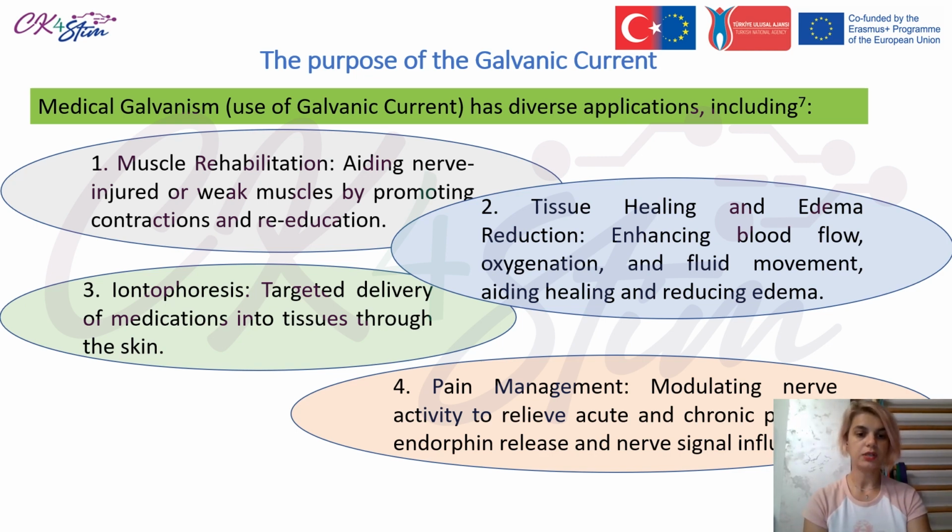The modality offers several applications, for example muscle rehabilitation, tissue healing and edema reduction, ionophoresis, and pain management. In the case of muscle rehabilitation, galvanic stimulation can be used to aid in the rehabilitation of muscle that is injured or weak, or affected by nerve injuries.